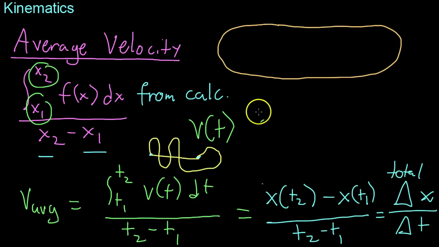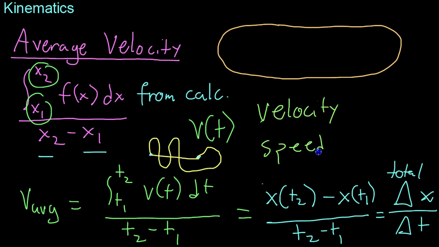And now just for a quick illustration of the difference between velocity and speed, we'll use an example of a runner running around a track. So for example, if the runner starts here and does 1, 2, 3, 4 laps and ends up back here, their total position, their displacement delta x, is 0, because they're at the exact same place they started.